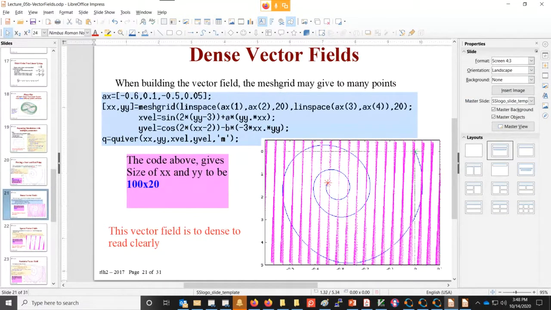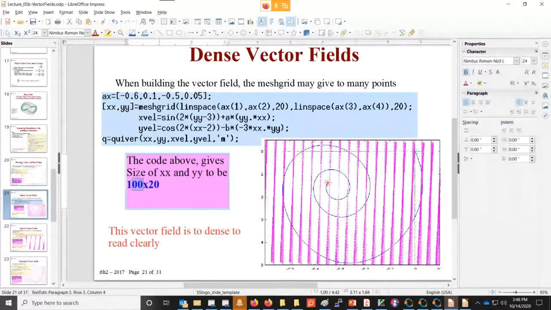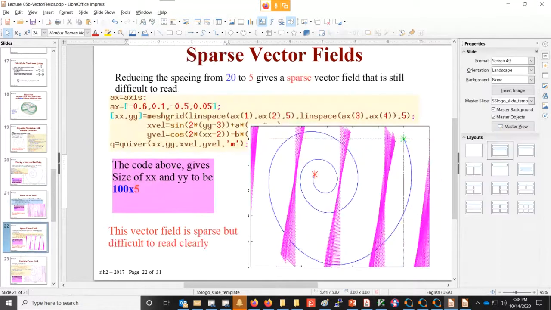Other things that we can do is change how many points we use. So you see here, I did 100 values, or excuse me, this was actually in the Y direction. In the Y direction, I did 100, but I did 20 in the X. And when you look at this, you see this plot isn't really all that good. And so then here, I reduced it down to 5 to kind of just show you.